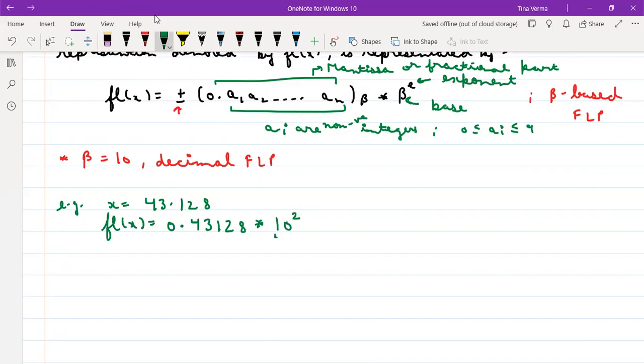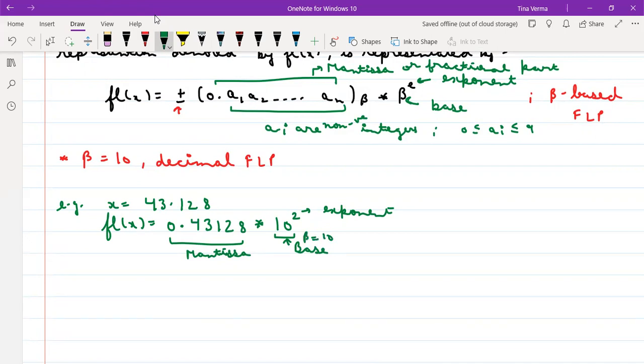So we have considered base as 10. This is my base, and here this is my exponent, and this is the floating point representation of the given number x. Here this is my mantissa, this is your beta, that is the base, that is your 10, and 2 is the exponent.